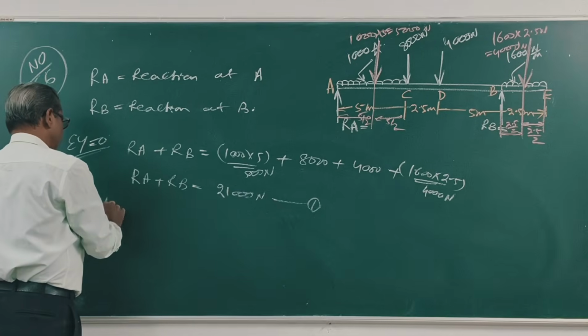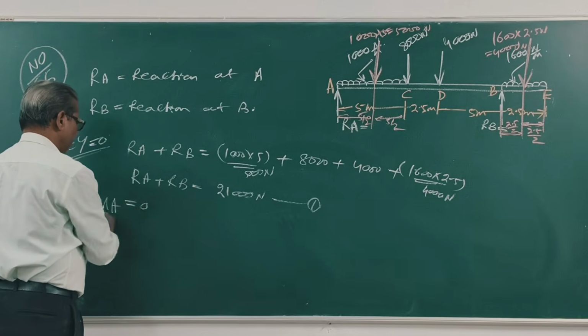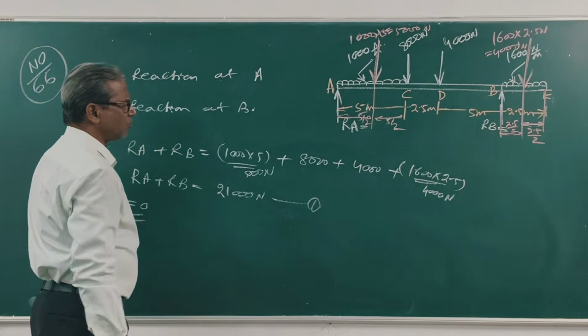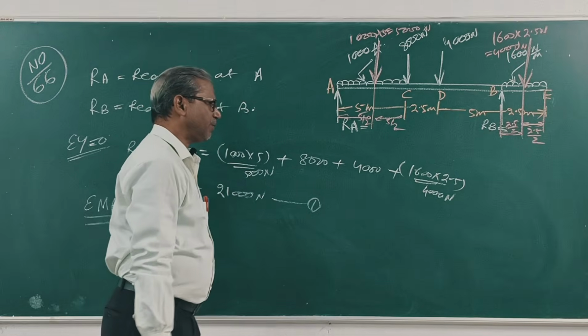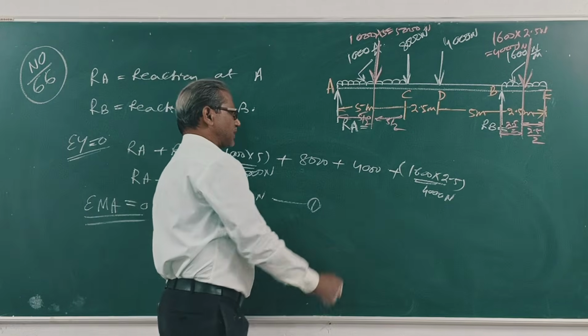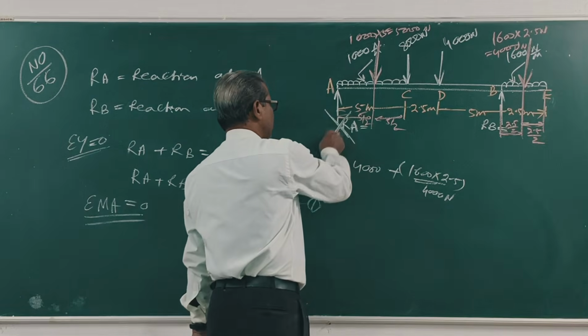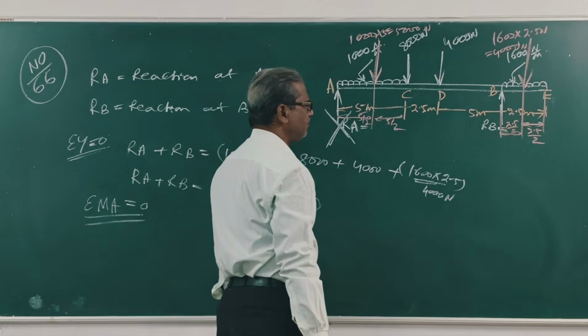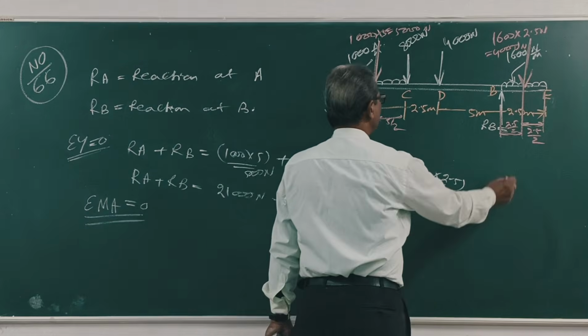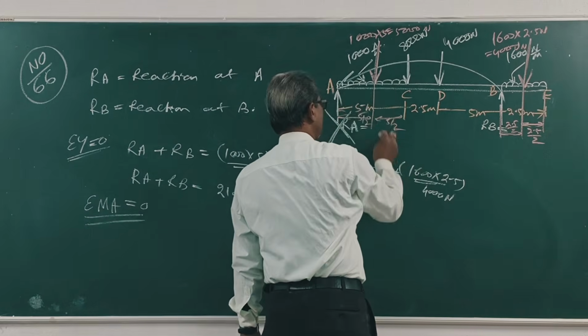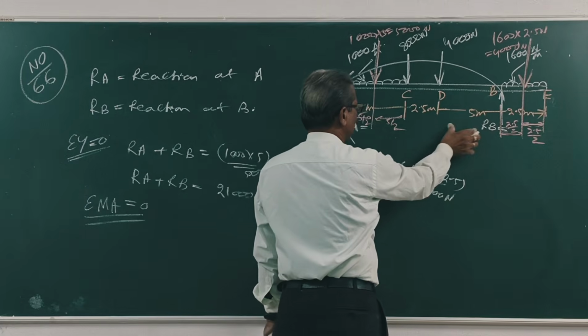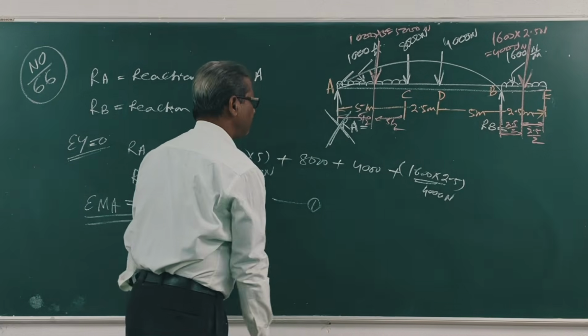Sigma M about A is 0. RA passes through point A, so its moment is 0.